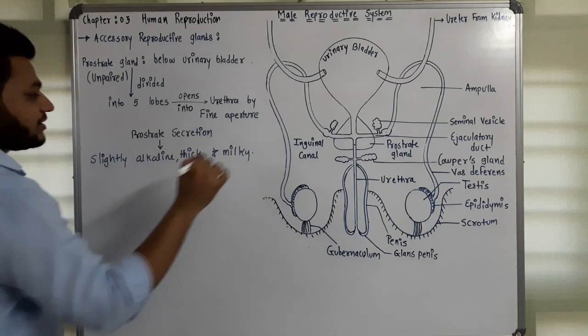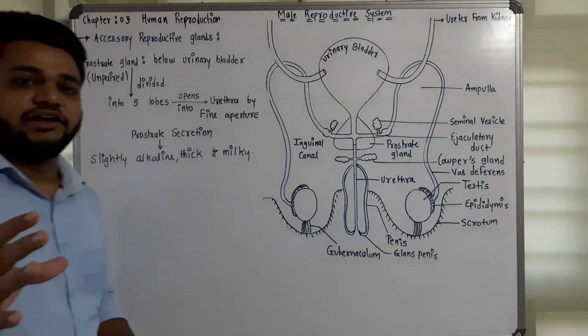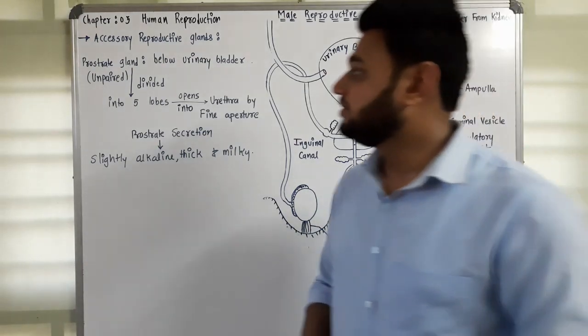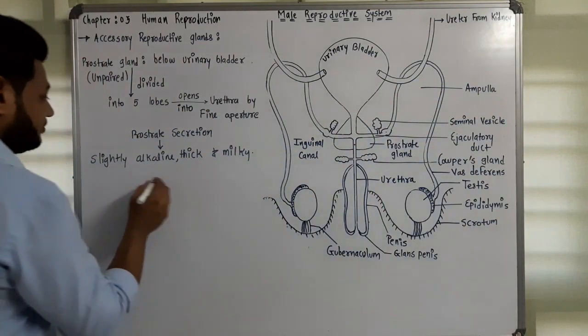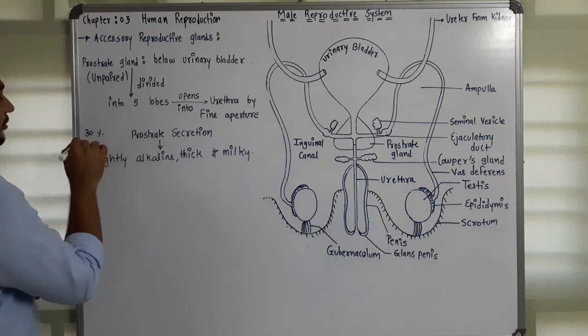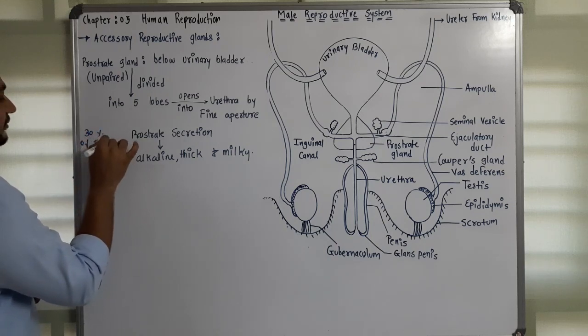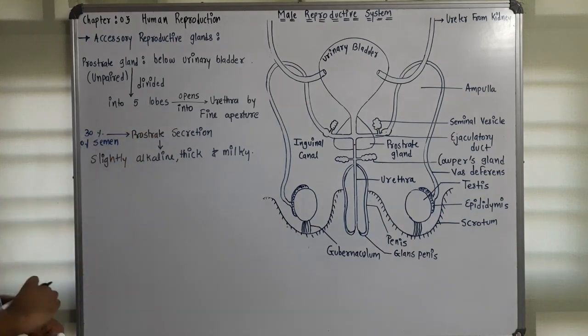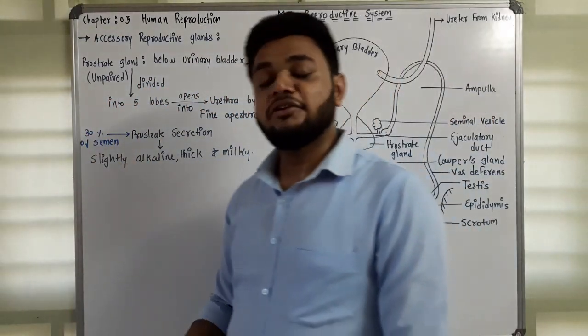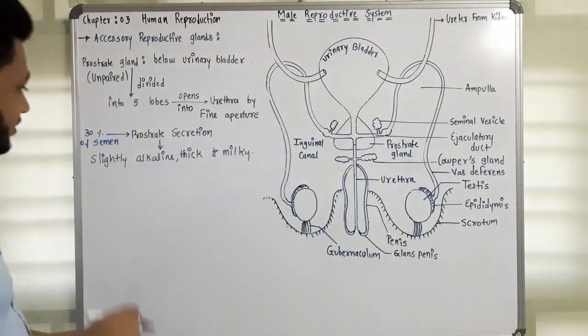What is the composition of the prostate fluid and what is its role? It forms 30% of the semen. 60 to 70% was seminal fluid, and 30% of the semen is formed of prostate secretion.